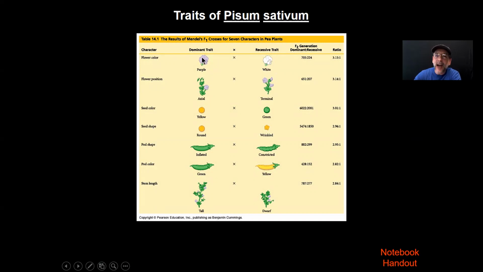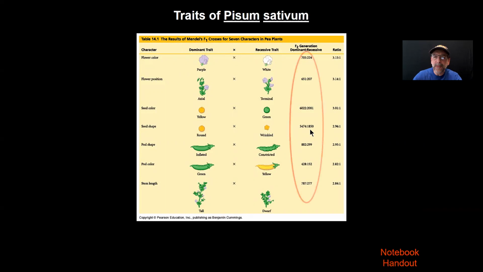Because that gene is dominant. I might carry the white colored flower gene, but I don't express it. Since I carry it, but I don't express it, then that allele is called recessive. So this second column are all of the dominant characteristics: the purple flower color, the yellow seed color, the green pod color, and these are all dominant to these recessive characteristics here in the third column.